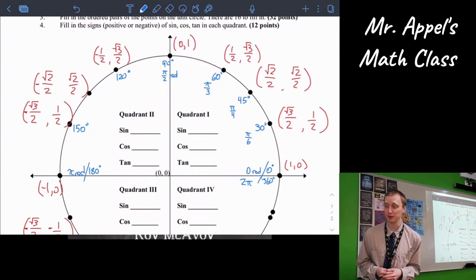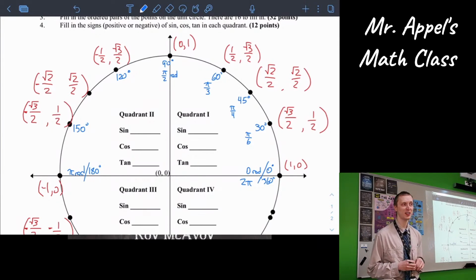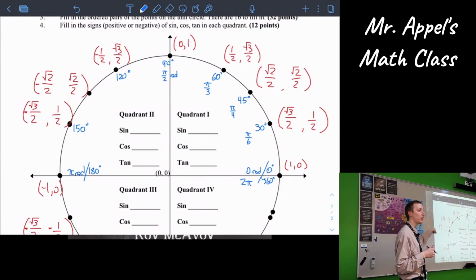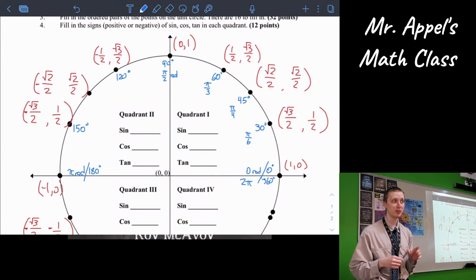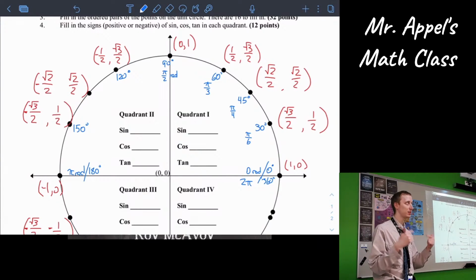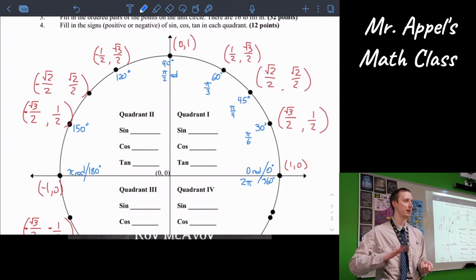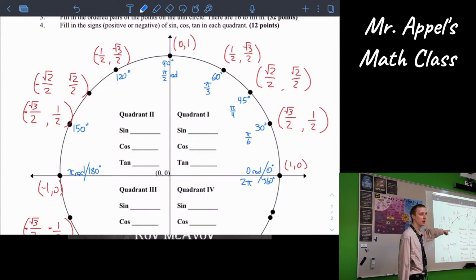You might not be allowed to even use a filled-in unit circle on the test. Which is why I gave you those mnemonics, how you can remember just a little bit and create the whole thing from scratch. Whenever I took a trig test or a test that involved any trigonometry, one of the first things I would do, I would flip the test over to the blank page on the back, and I would create from scratch, out of memory, my unit circle, because I knew I would need it.